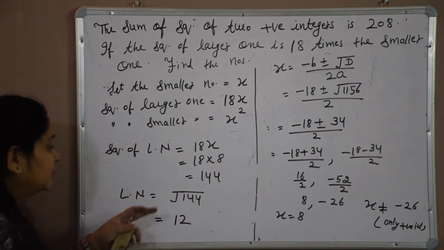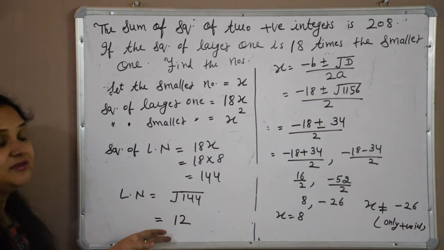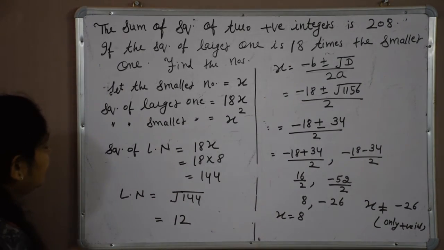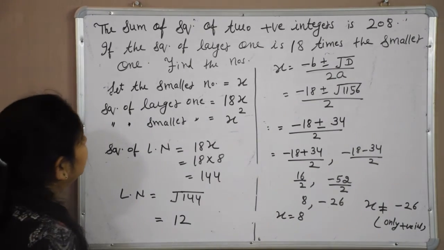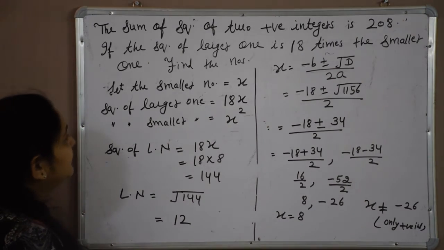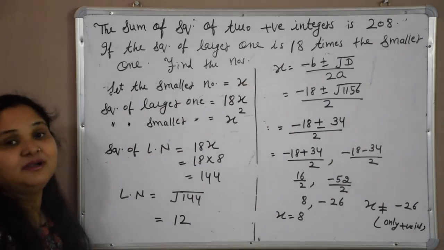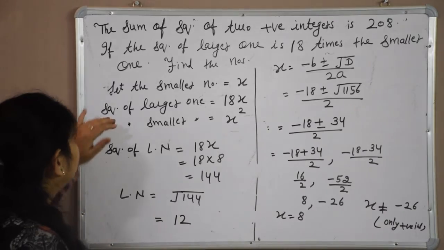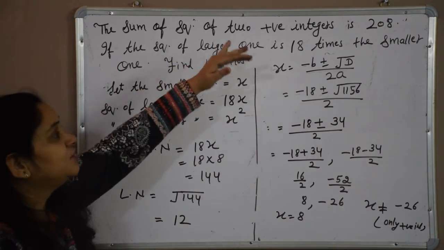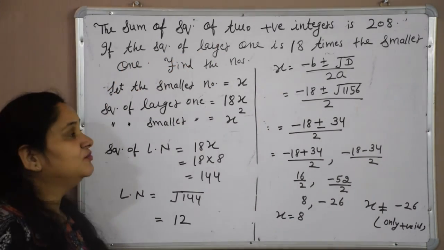We will consider only the positive value, negative is not possible here. So larger number is equal to 12 and smaller number is equal to 8, and the sum of their squares is equal to 208. This was the question, and the only thing that was different is that the larger number is not directly given in terms of the smaller number.